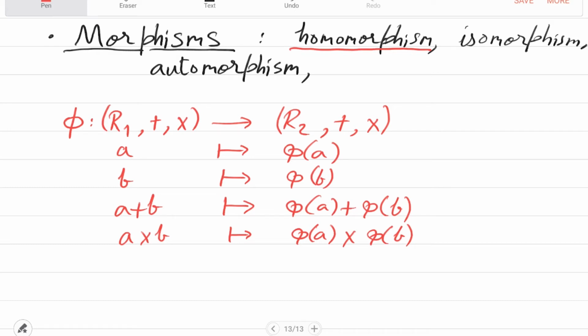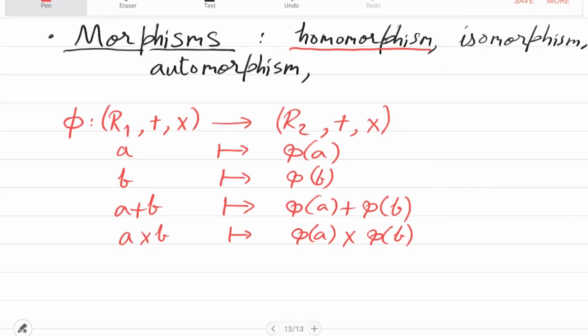Isomorphism, what's an isomorphism? Yeah, so now once you have defined homomorphism, you can talk about its many variants. So phi will be called an isomorphism if, at the level of sets, basically it's a bijection.